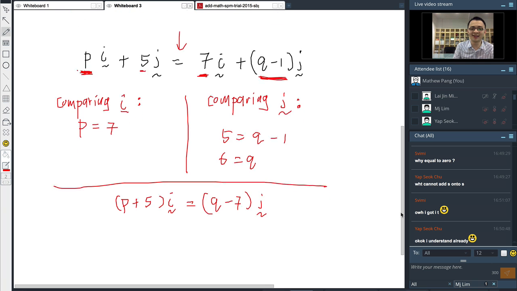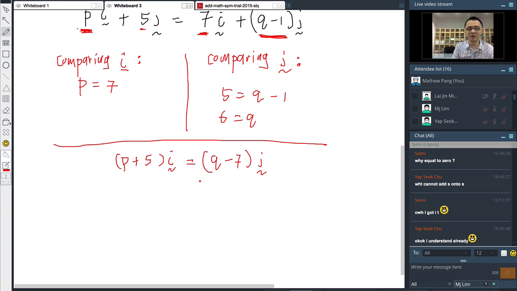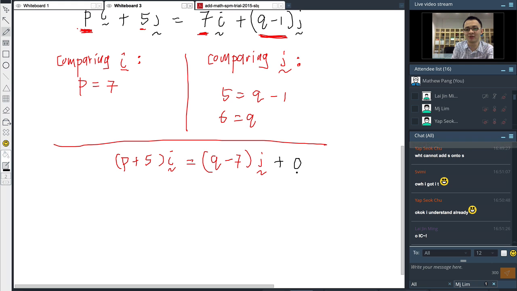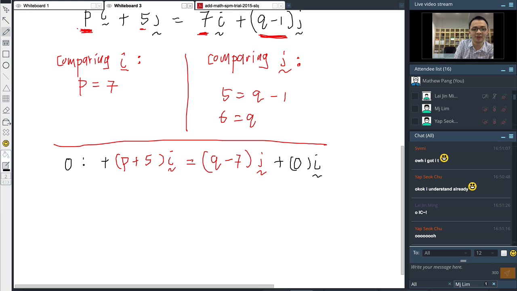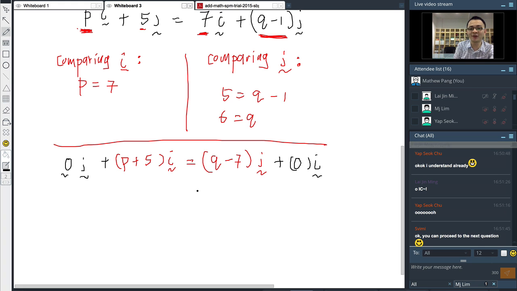Because they do like this, if you want to use the comparing method, you have some issue now. You do not have i and j on both sides. So for the i here, I add it myself: 0i. Over here, I will say 0j. Then I can compare i with i.